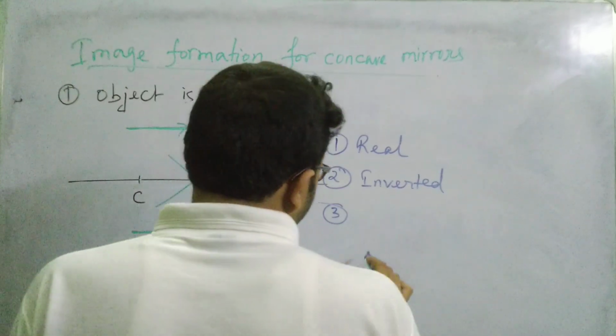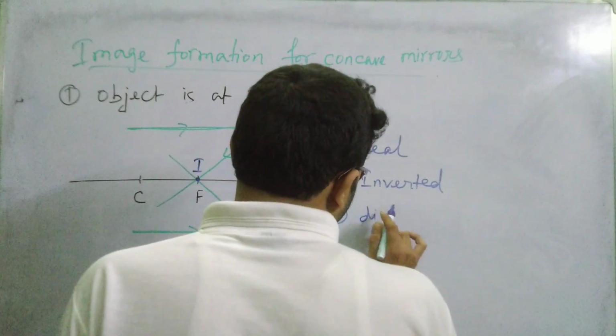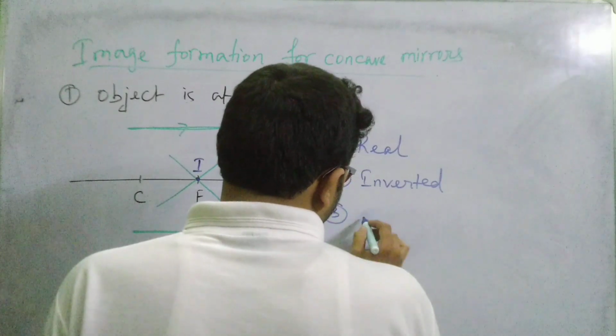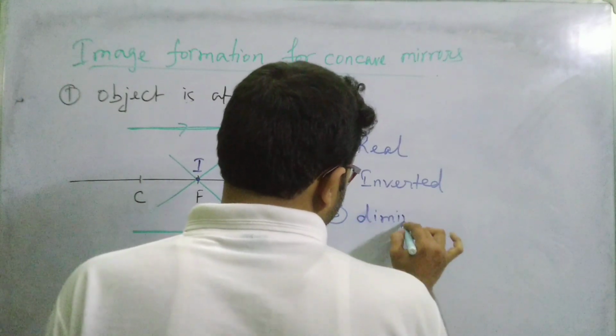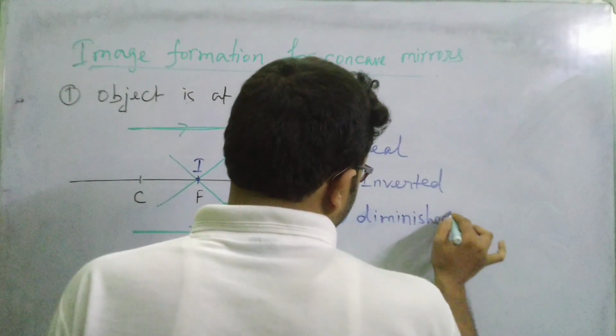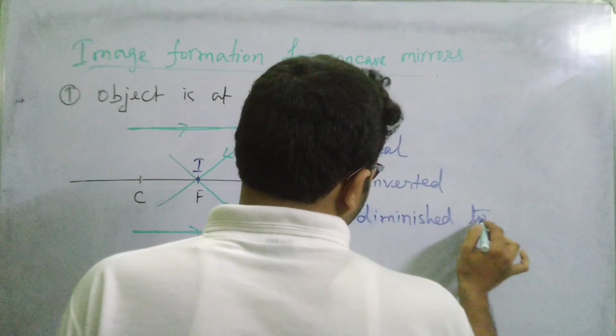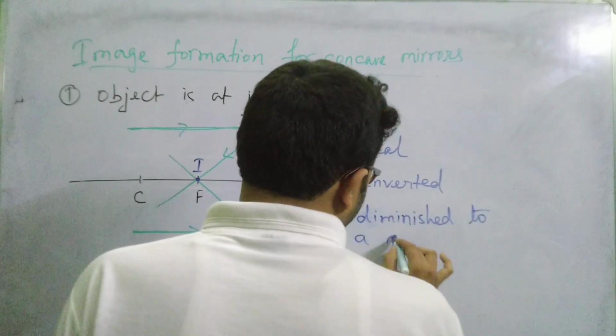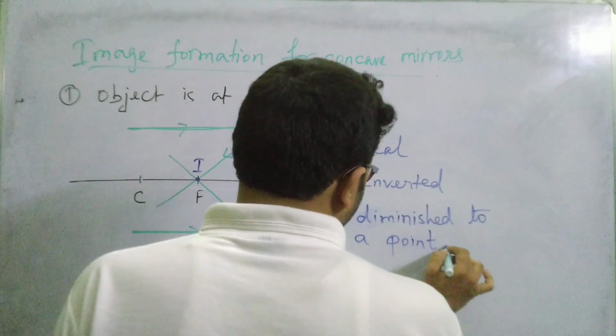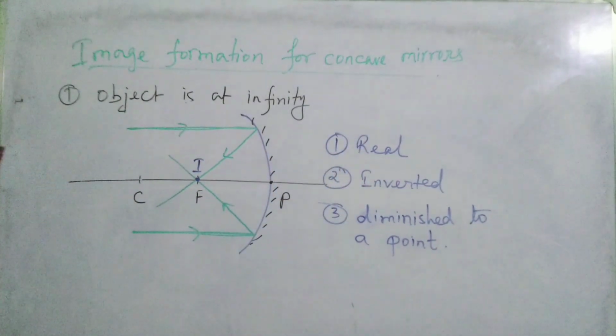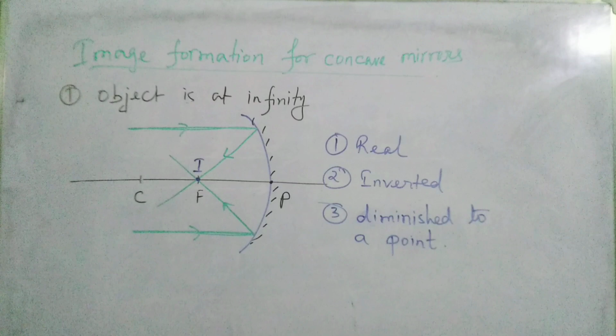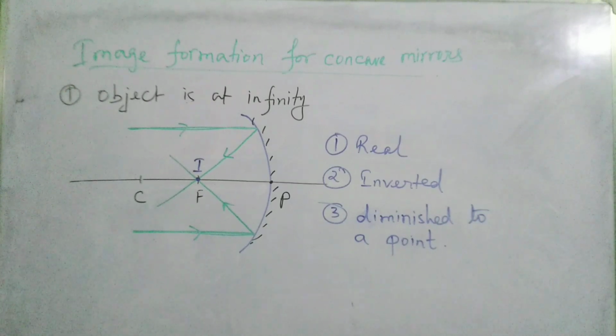Obviously this image is diminished, and it is not only diminished but diminished to a point. I hope the figure is clear, as well as the image formation. So it's real, inverted, and diminished to a point.